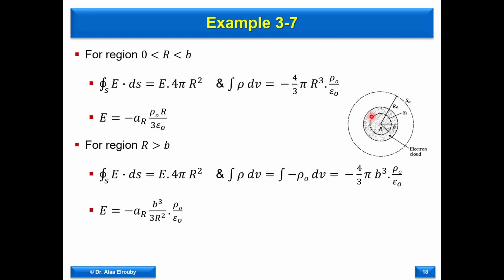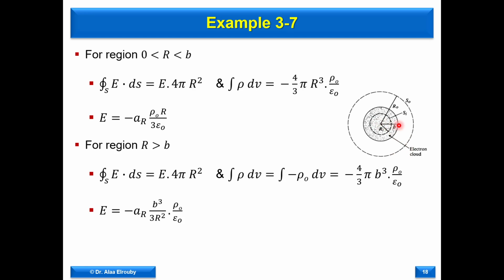So here for region number 1, the whole Gauss surface, or the whole sphere, is filled with charges, so the integration would use the volume of the Gauss surface. For region number 2, not all the Gauss surface volume is filled with charge.